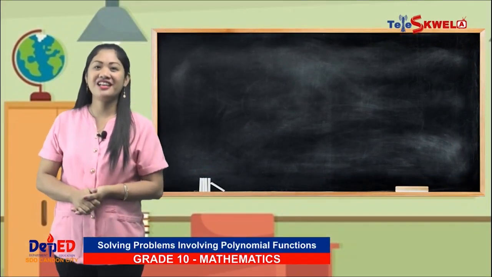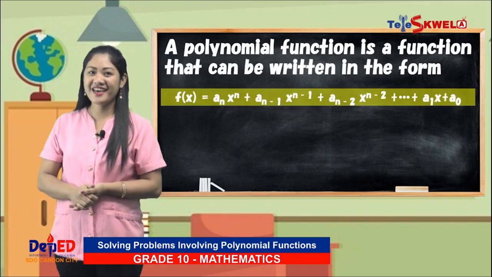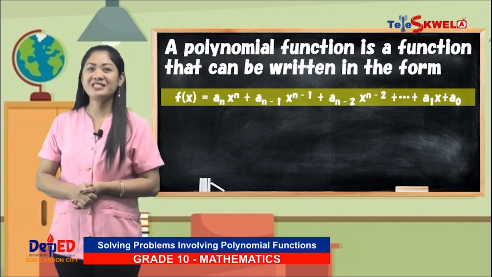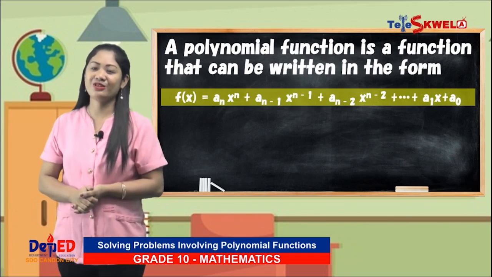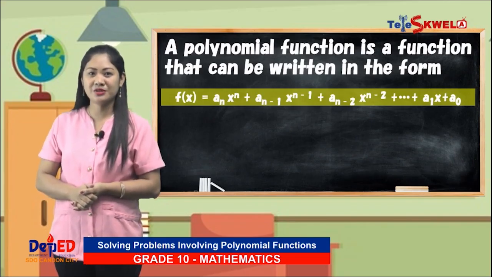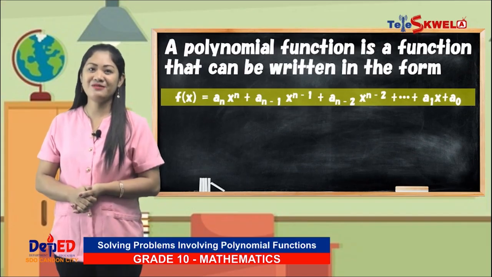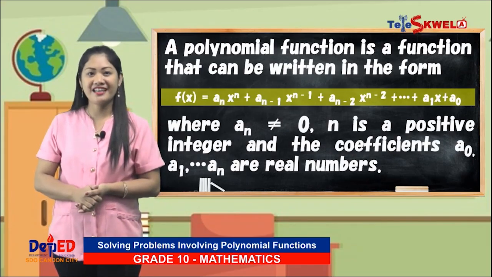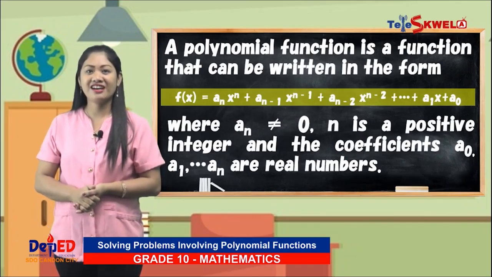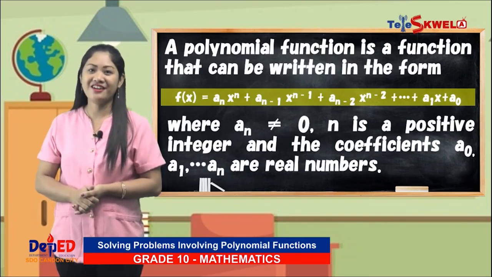First, let us recall that a polynomial function is a function that can be written in the form f(x) = a_n x^n + a_(n-1) x^(n-1) + a_(n-2) x^(n-2) + ... + a_1 x + a_0, where a_n is not equal to 0, n is a positive integer, and the coefficients a_0, a_1, until a_n are real numbers.